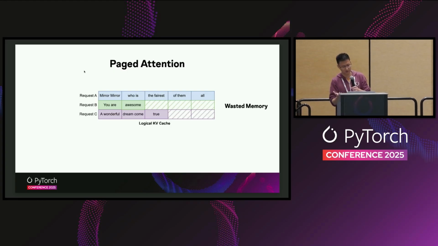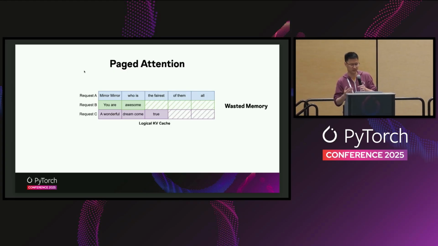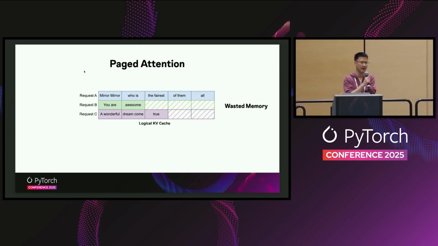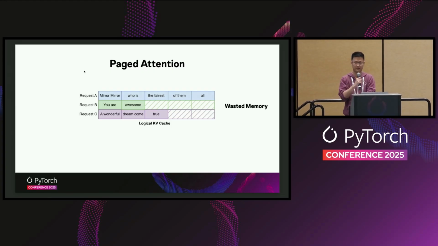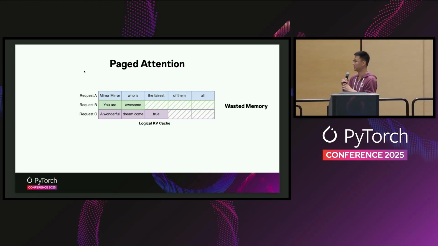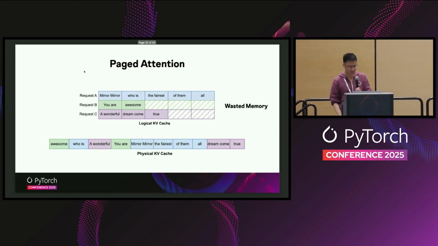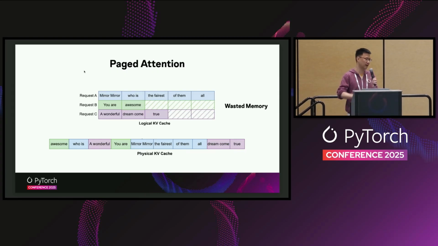So for attention, we have the KV cache, right? Let's say here we call it a logical KV cache, which is the number of requests times the maximum number of tokens. Actually, we see some wasted memory here, which is very bad. That's why for paged attention, we have a 1D array of the physical KV cache, right?